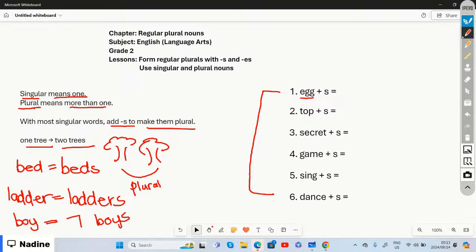If we add an S to the word egg, then how will we write that word, because we are now showing the plural form of egg, more than one?